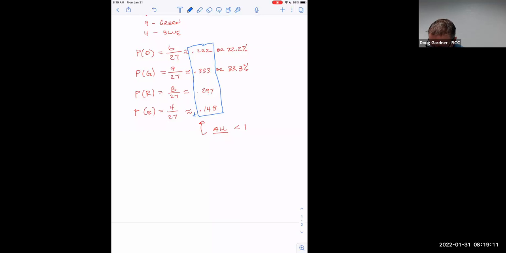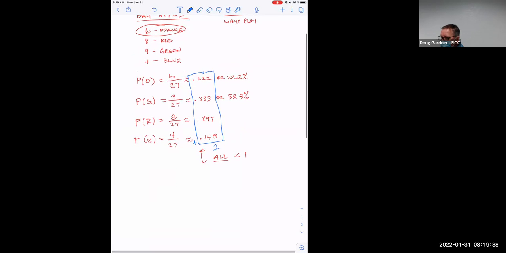Let's see, I got 0.22, 0.222 plus 0.333 plus 0.297 plus 0.148. When I added all those up, did you not get 1? Now that's not a surprise because that basically means that's the only things that can happen. If that's all that's in there, orange, green, red, blue, that's all the M&Ms that are in there, then one of those things has to happen. So if I add up all these probabilities, I get 1 or 100%.